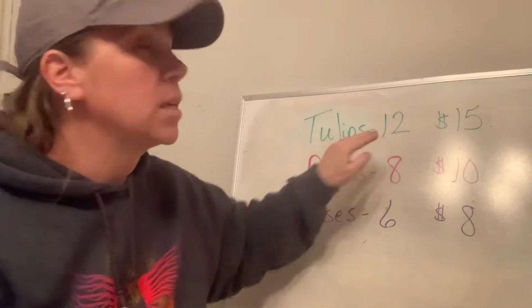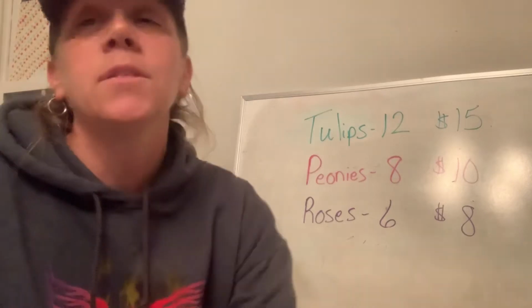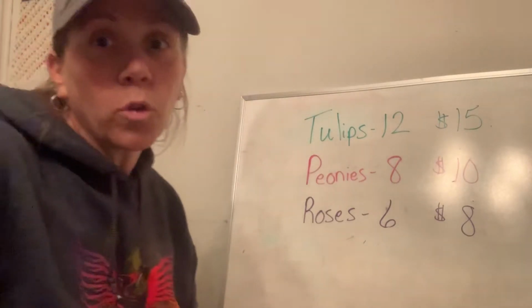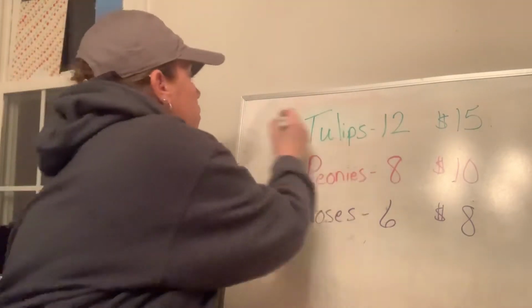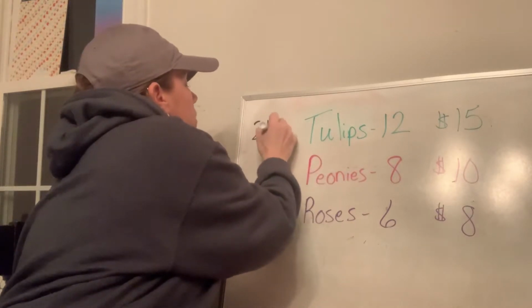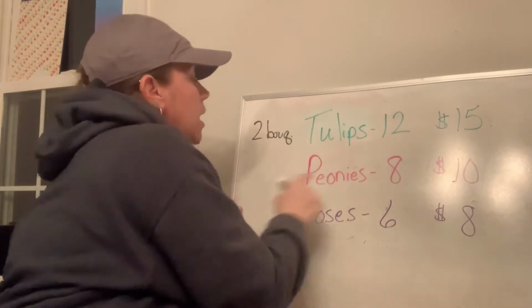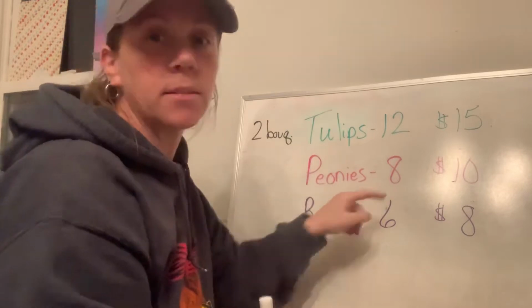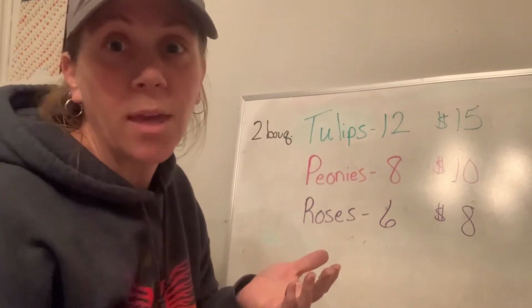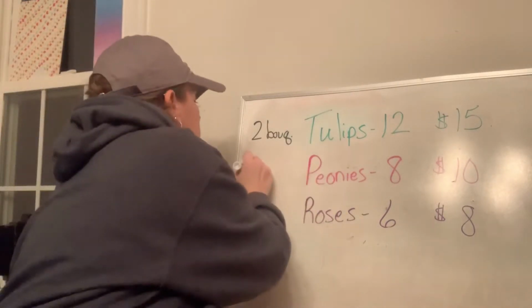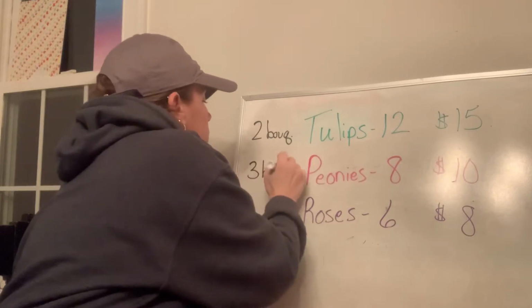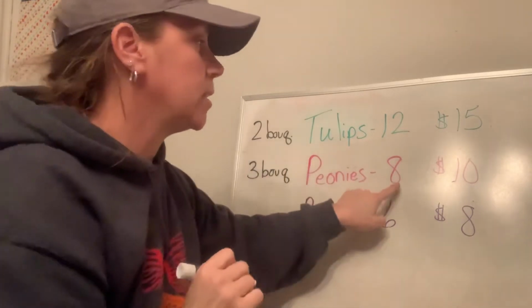So if she uses tulips to get 24 tulips, she needs 2 bouquets of tulips. If she wants peonies, she would need how many bouquets? 3. 8, 16, 24.